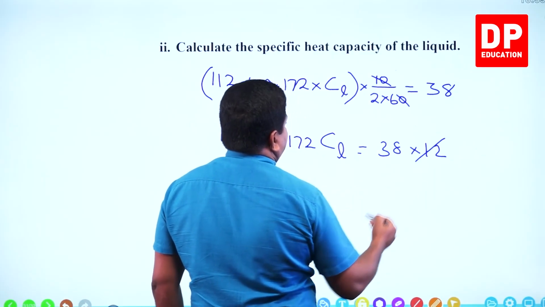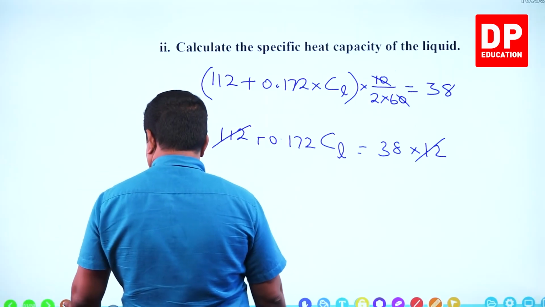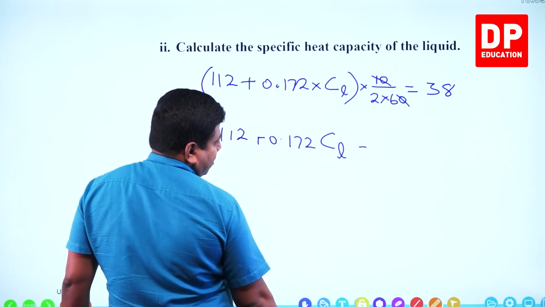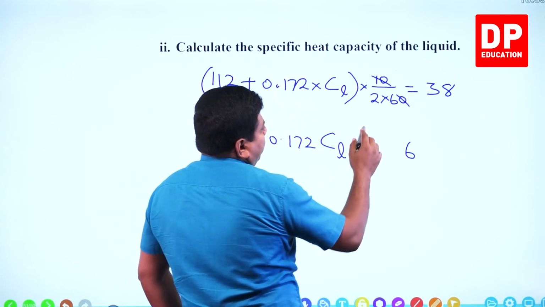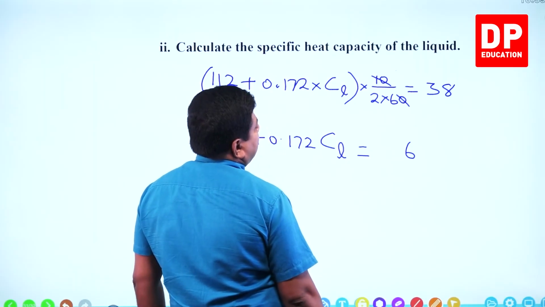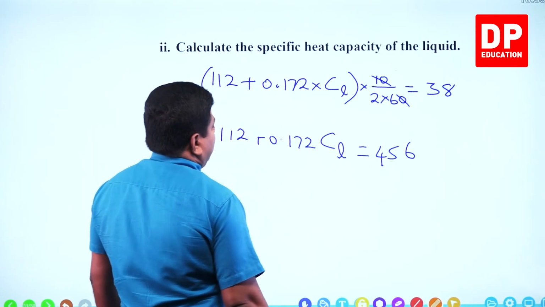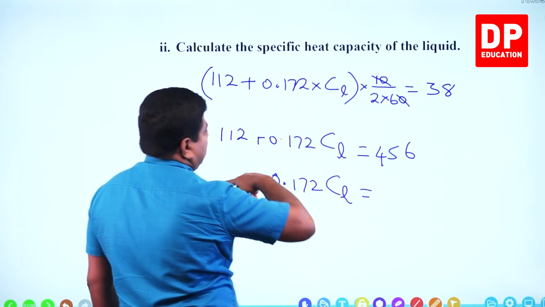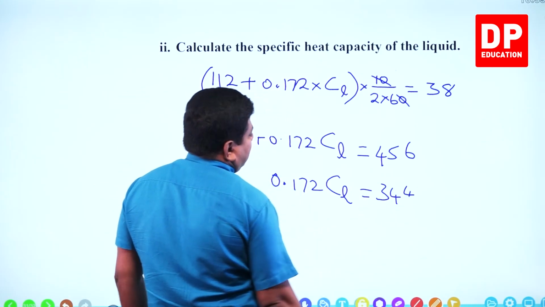This 12 can be cancelled, I think. See, if you divide 12, no, 12 cannot be cancelled. Then we will multiply by 12 and write that. 12 into 8, 96, 12 into 3, 36 plus 9, 45. So 0.172 Cl, if we subtract it there, it's 344, isn't it?